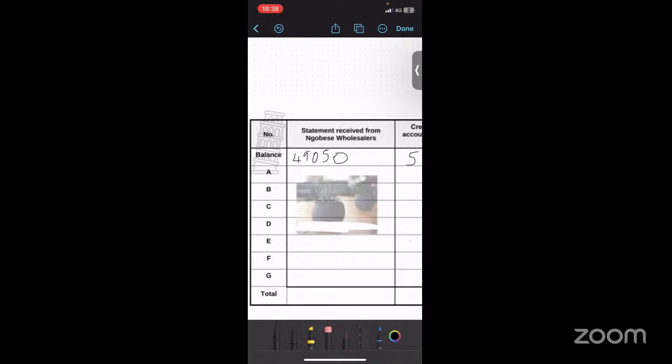It increases. When we receive a discount, you said it increases the amount that we owe the creditors.